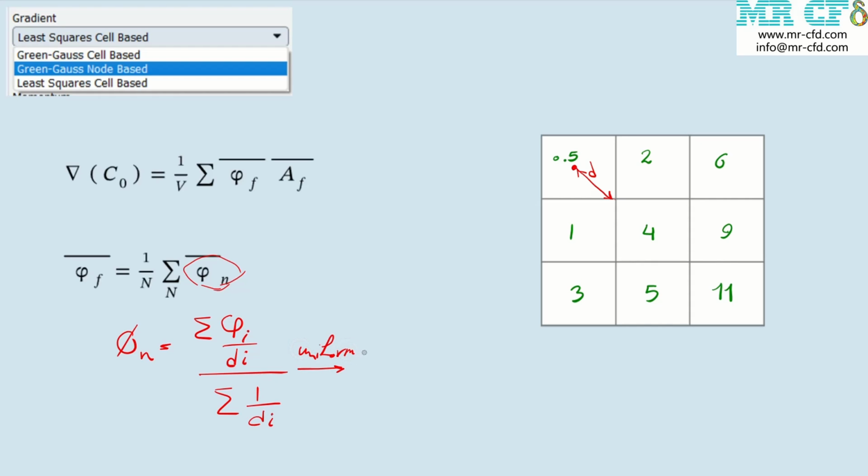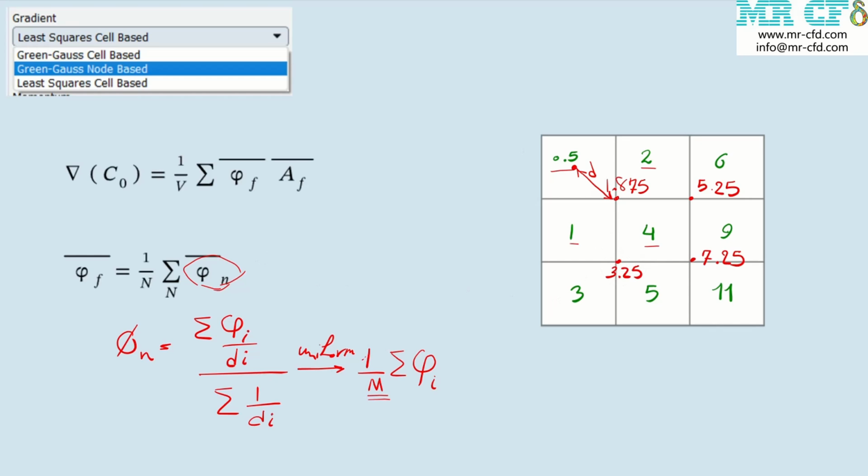If the grid is uniform, this process simplifies to the average of the neighboring cells, with m representing the cells surrounding the node. For example, in this uniform grid, the value of phi at a node is the average of the values 0.5, 1, 2, and 4, which equals 1.875. At another node, the value is 5.25, and at yet another is 7.25, with an additional node having a value of 3.25.